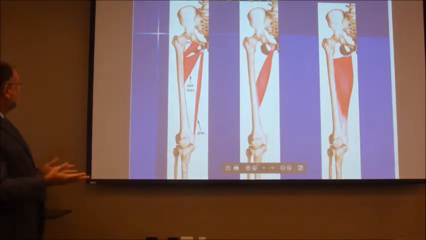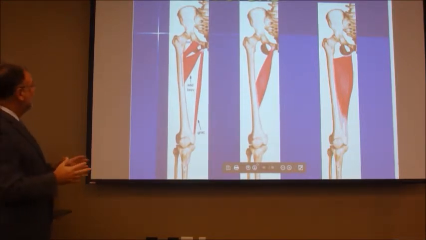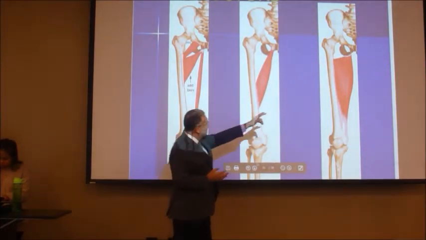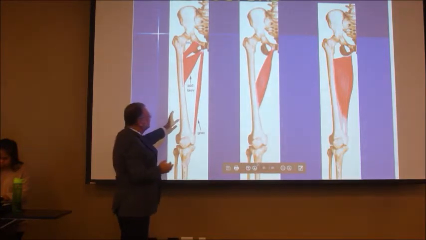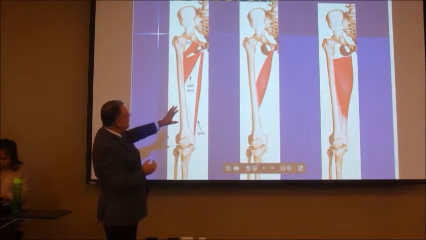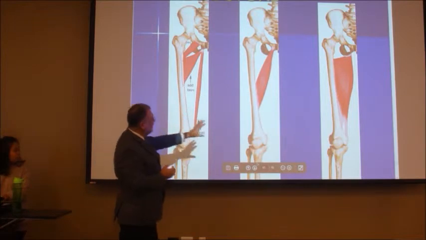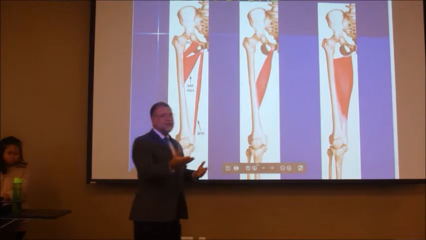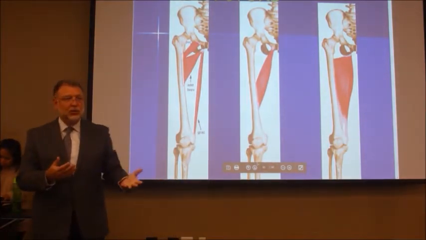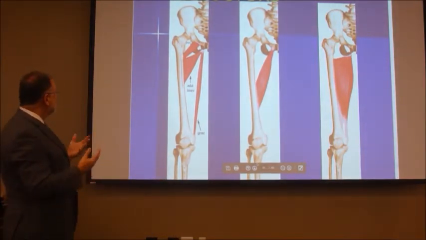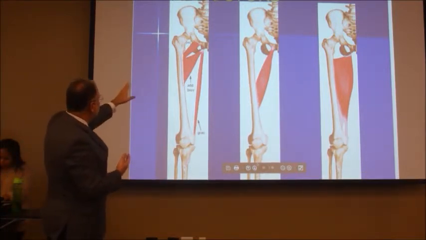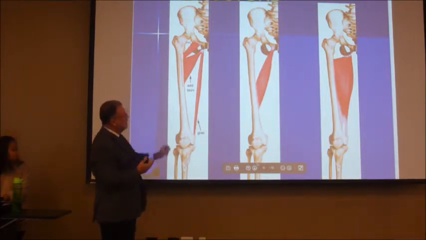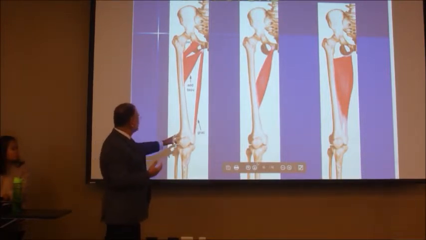The adductors, three important ones as a group, are the adductor brevis, the longus, and the maximus. The other thing with the adductors is that they insert distally at a point on the medial side of the femur called the adductor tubercle. The other two muscles included in this are the pectineus, a very short muscle from the pubis down to about distal to the lesser trochanter, and the gracilis.